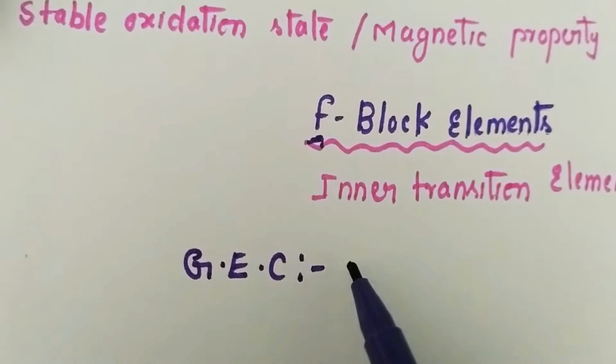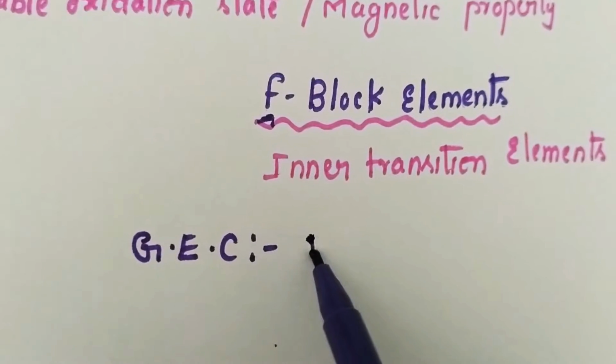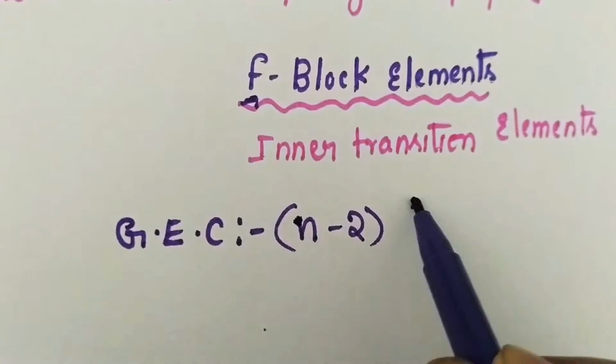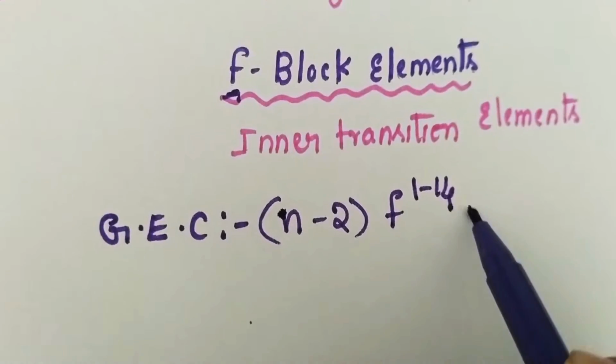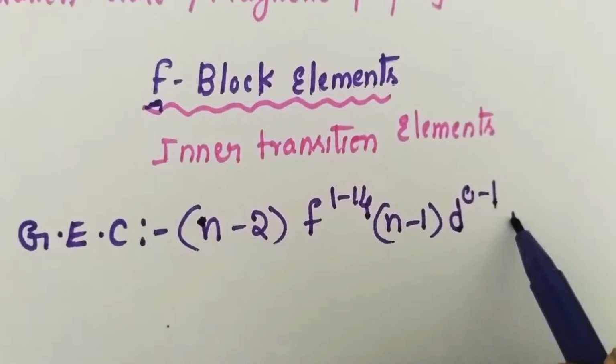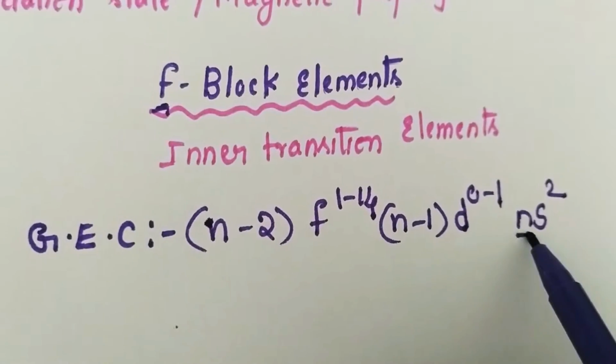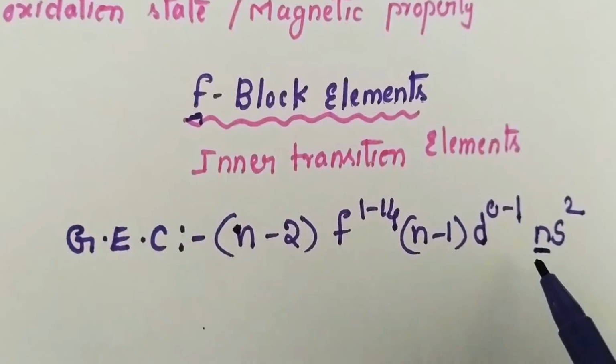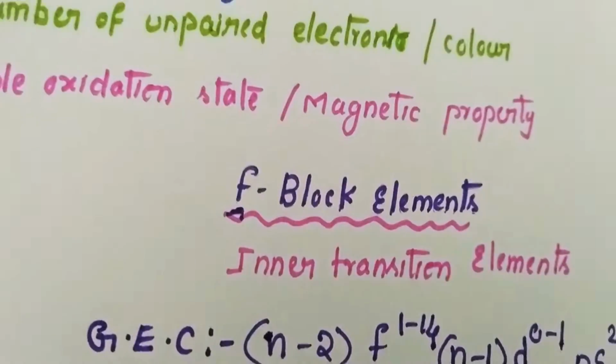The general electronic configuration of F block elements is (n-2)f 1 to 14, (n-1)d 0 to 1, and ns2, where n is the principal quantum number. This depends upon the period number.